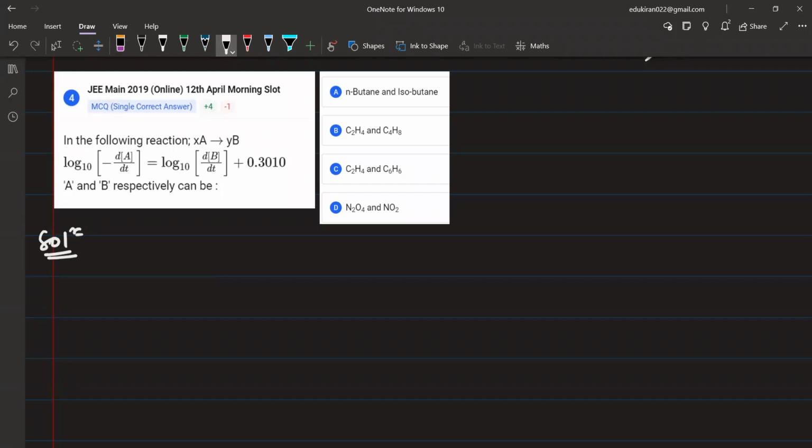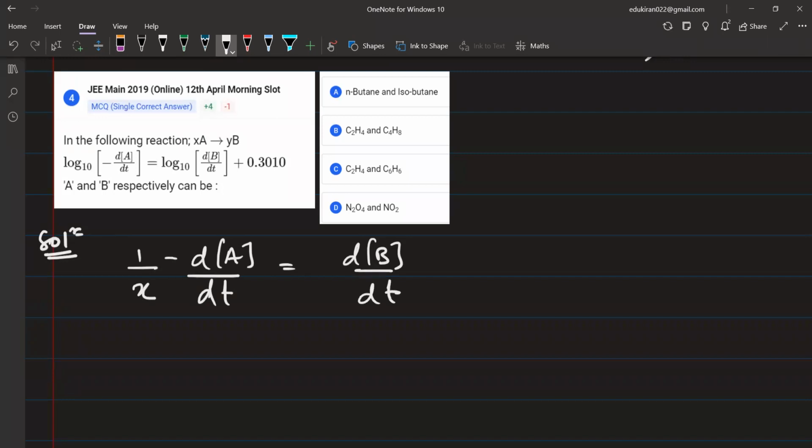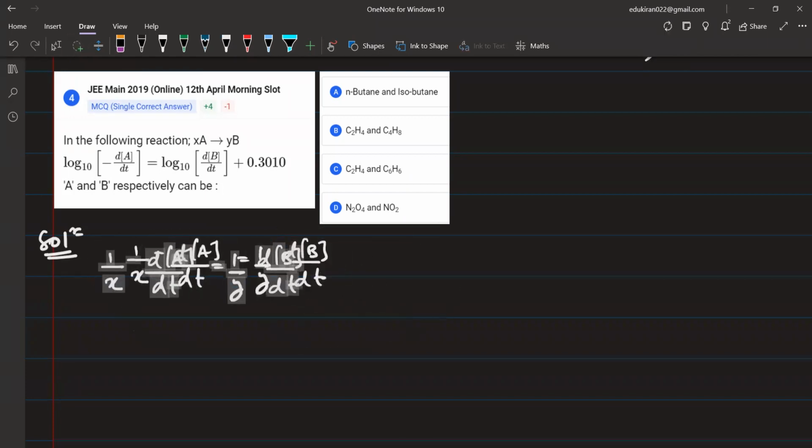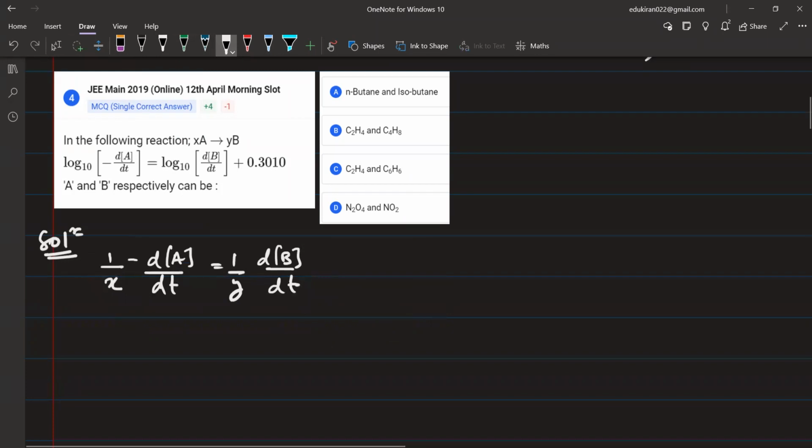See, 1 upon x into minus dA upon dt will be equal to 1 upon y into dB upon dt. Till here all of you can write this. 1 upon x, in brackets, minus dA upon dt is equal to 1 upon y dB by dt.